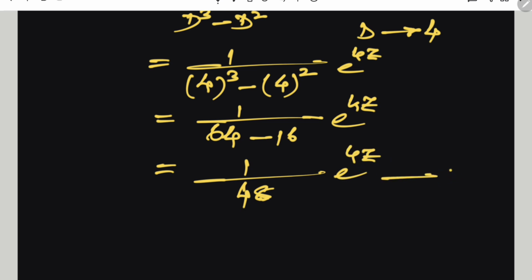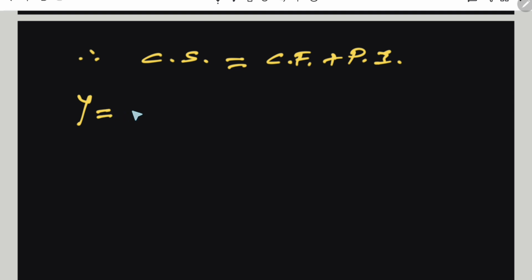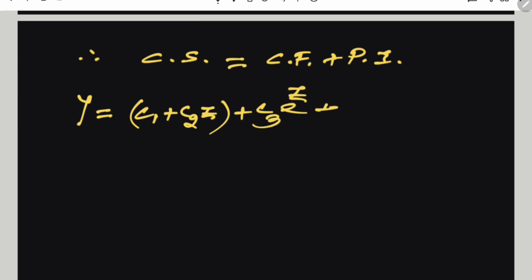Then adding CF and PI to get the complete solution, we get the complete solution for dependent variable y as CF plus PI. CF is C1 plus C2 z plus C3 into e raised to z, plus PI, 1 by 48 e raised to 4z.